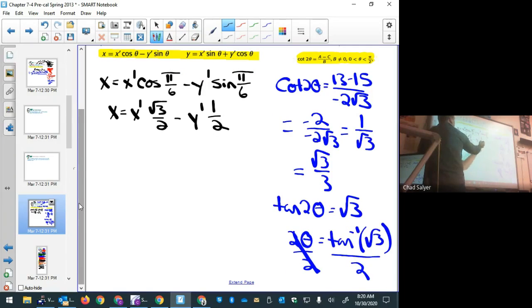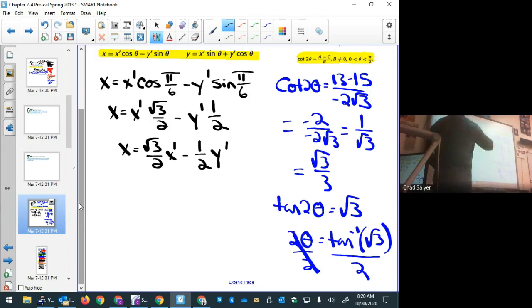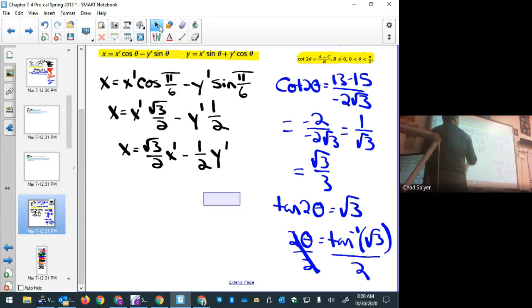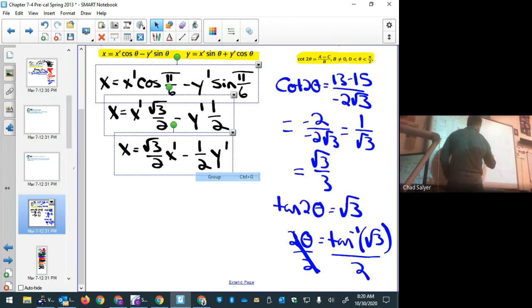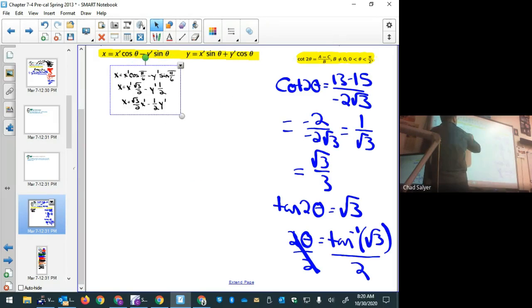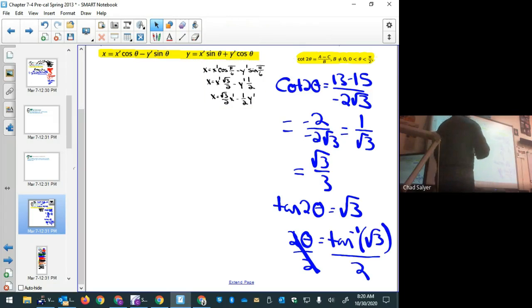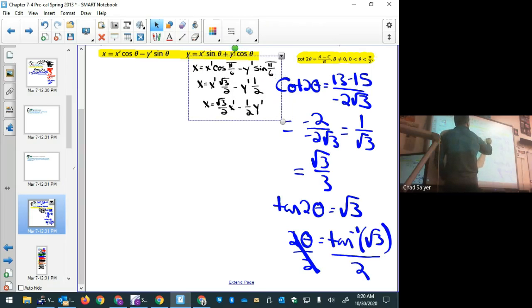And so we get this. So there's our x that we're going to substitute into our equation. And now we're going to do the same thing with y.